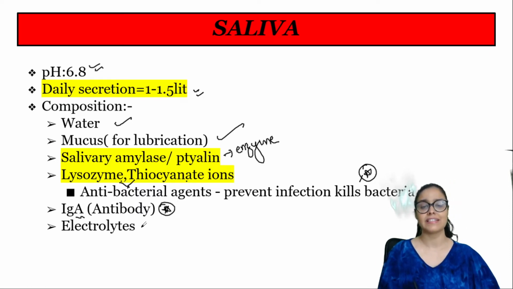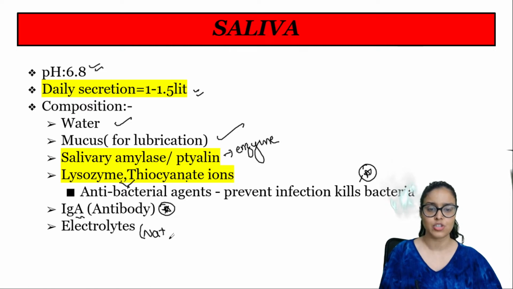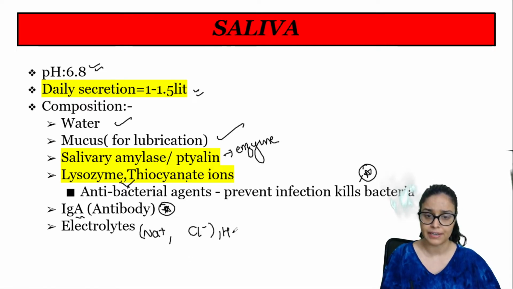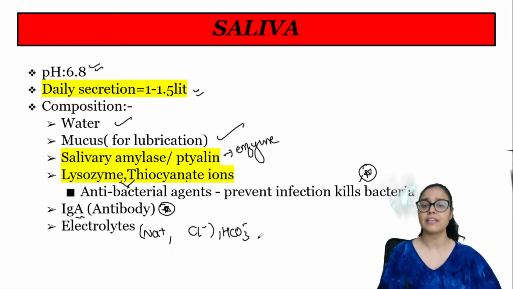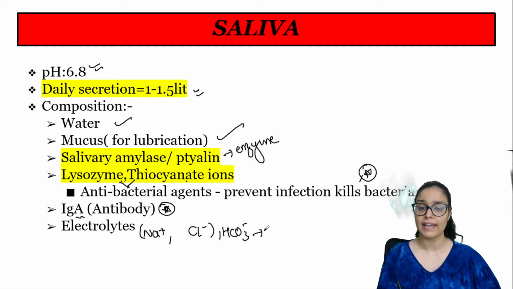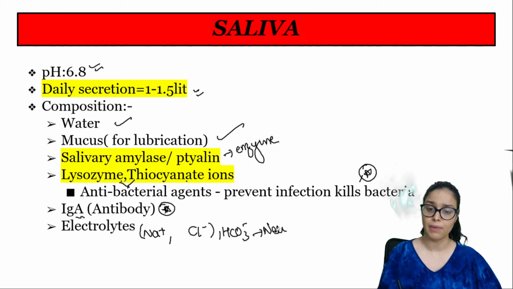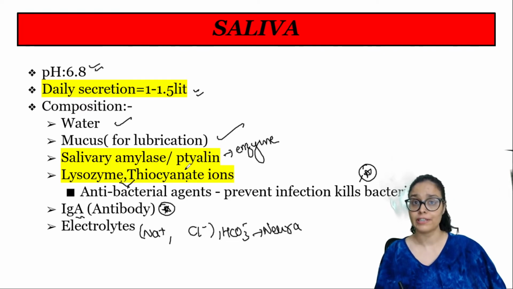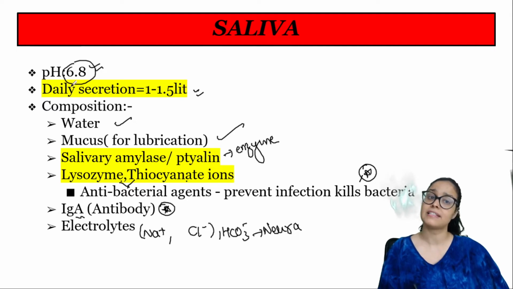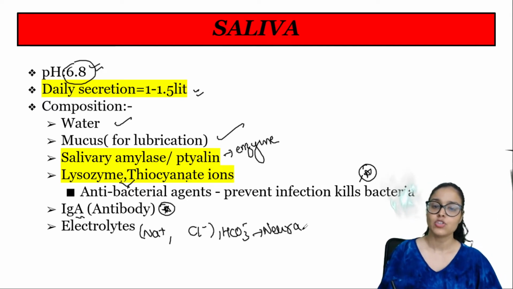It also contains electrolytes like sodium ion, chloride ion and bicarbonate ion. Bicarbonate ion neutralizes acidic food in our mouth so that salivary amylase can work on it, because salivary amylase works at 6.8 pH, right? So neutralization is done by bicarbonate ion.